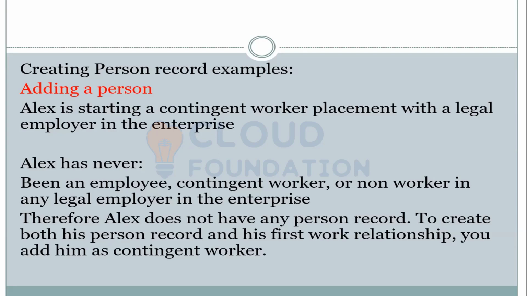So to create both his person's record and his first work relationship, you have to add him as a contingent worker first. Or else you can add him as an external employee. As a contractor, he is a contingent worker. But when you want to add him as an employee, then he will be an employee.